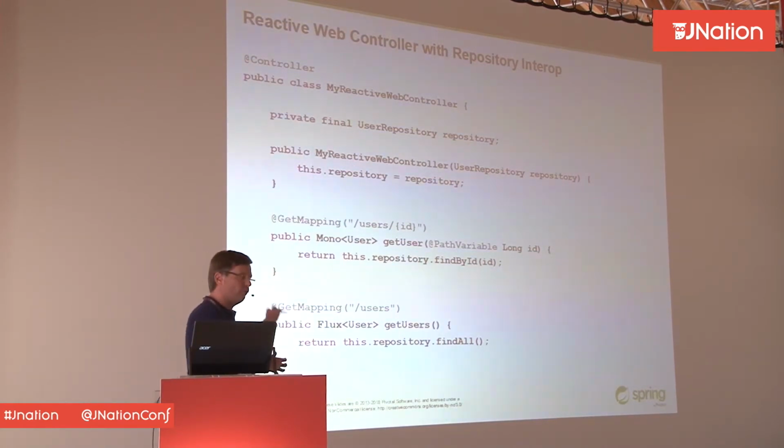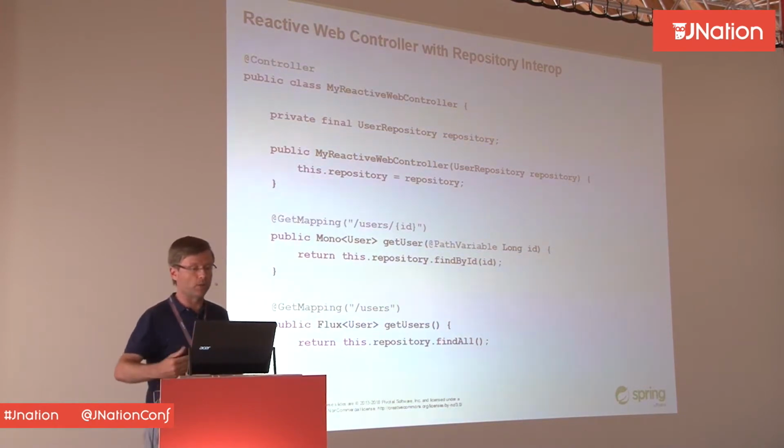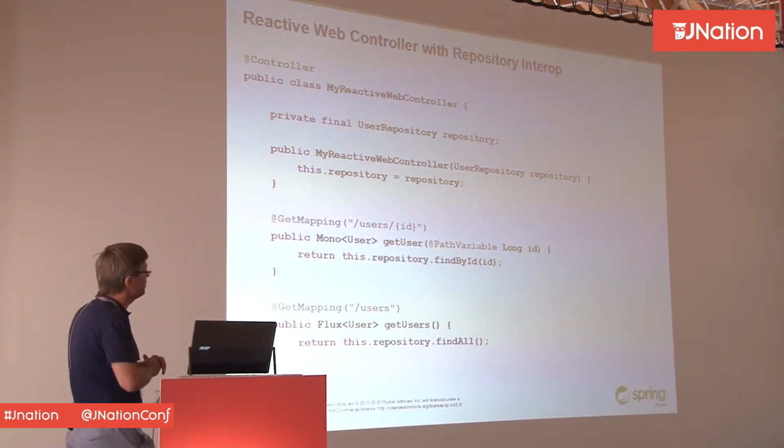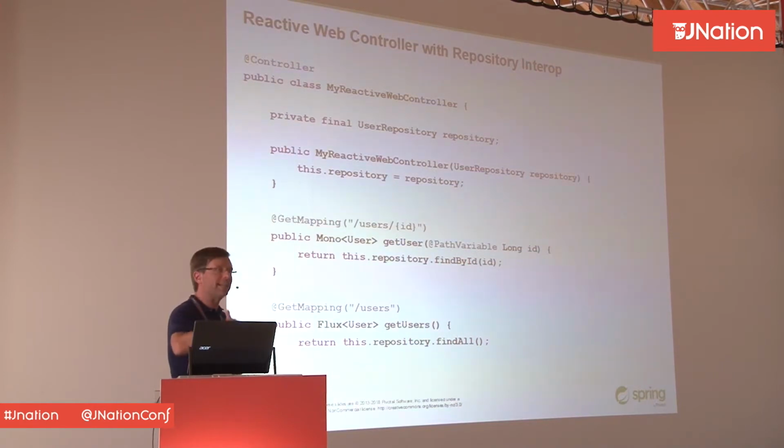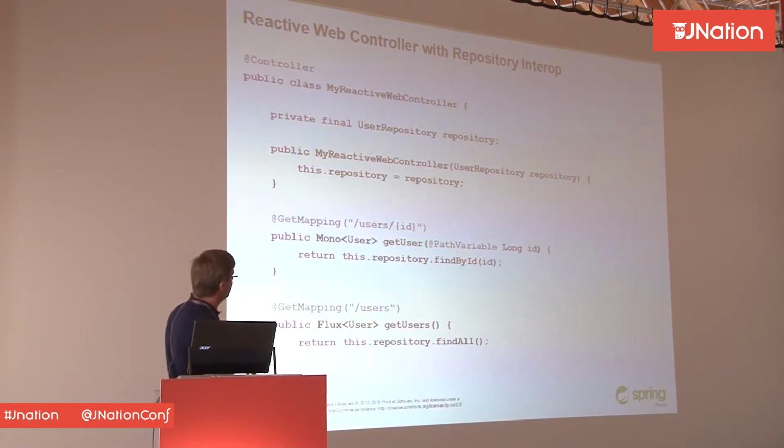We have default codec implementations based on Jackson and based on JAXB, capable of rendering those out in an asynchronous fashion. So for each individual element, there's also an asynchronous rendering model that applies to them. So this is essentially the programming model.